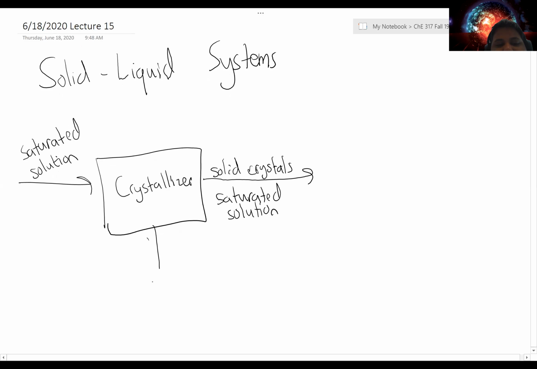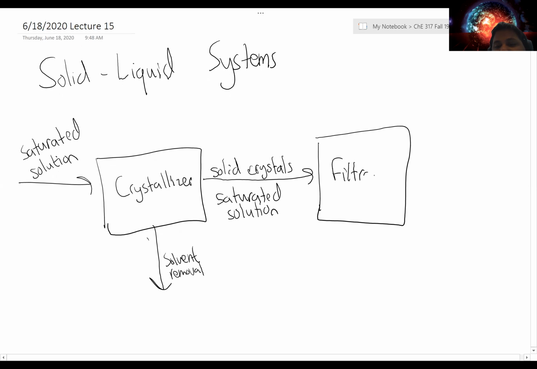And sometimes you'll see the solvent being removed, so solvent removal, but not always. And then the system will be moved through a filtration step, where in the filtration, you're going to have some sort of filtrate, which is the saturated solution that can pass through the filter.